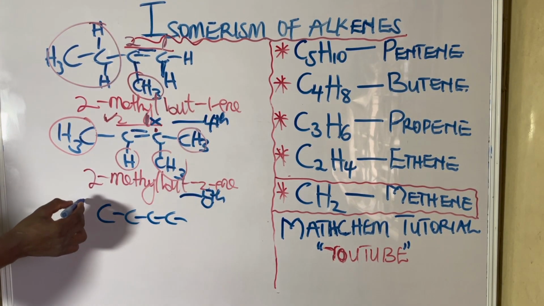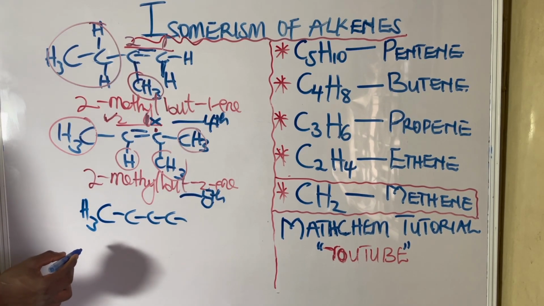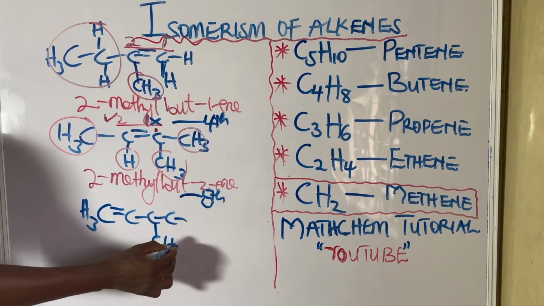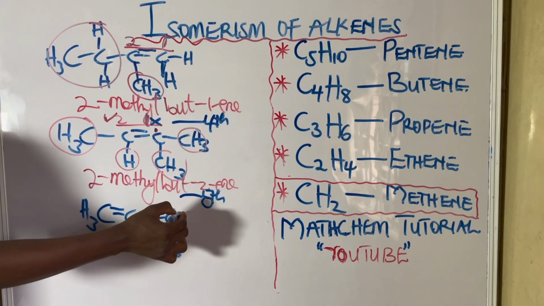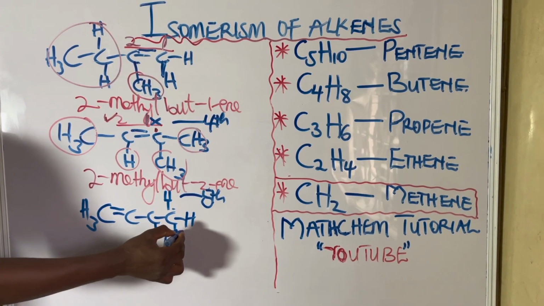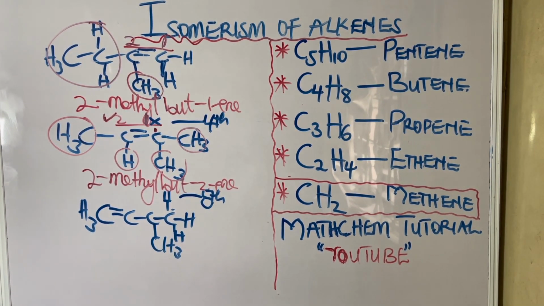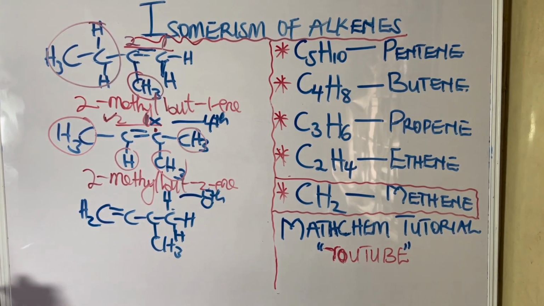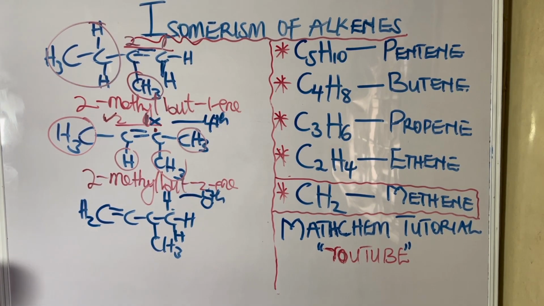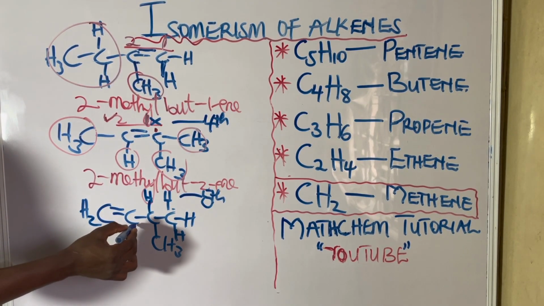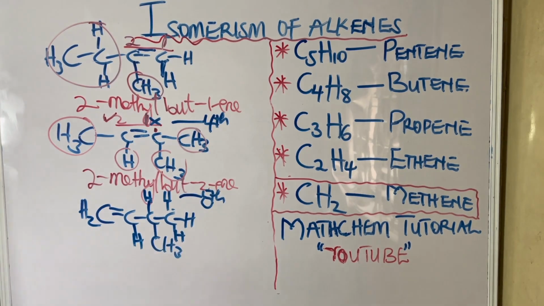So having my CH3 here, then the double bond here, and I still have my CH3 here, and I have one hydrogen here, one here, and another one here. Here will be CH2, here will be CH2, and here will have a hydrogen, and I will also put a hydrogen here as well.